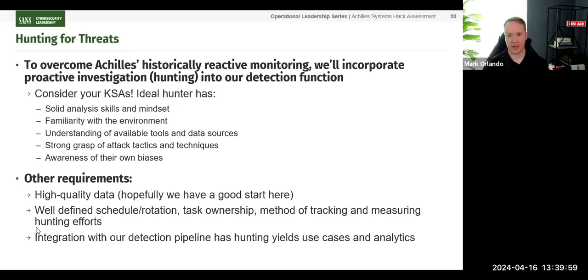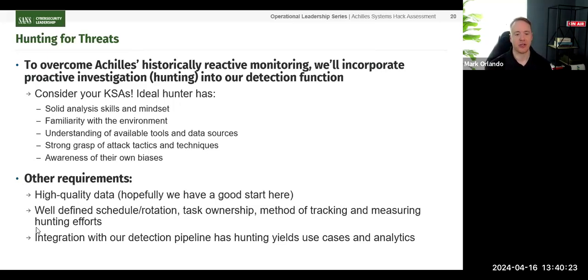So think back to those KSAs. The ideal hunter in our team will have solid analysis skills, right? Good investigative mindset. They're going to know the network very, very well, including network architecture, operating systems, asset types, the data types, and the environment.